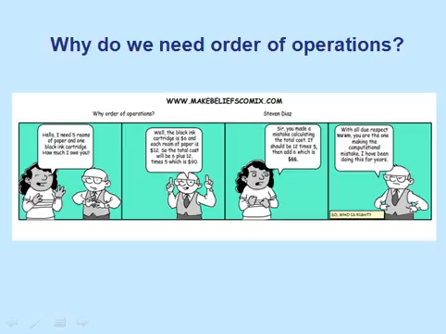I'm sure you have experienced this many times in your life: you and someone else do not agree on solving a particular problem, so you need to come to an agreement, a consensus, on the appropriate way of solving the problem. That's why we need order of operations. We need to come to an agreement so everybody involved in solving the problem gets the same answer.